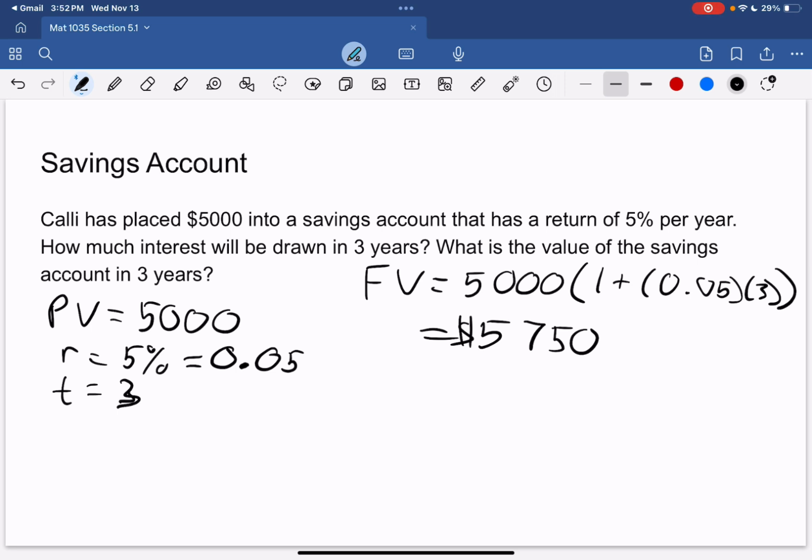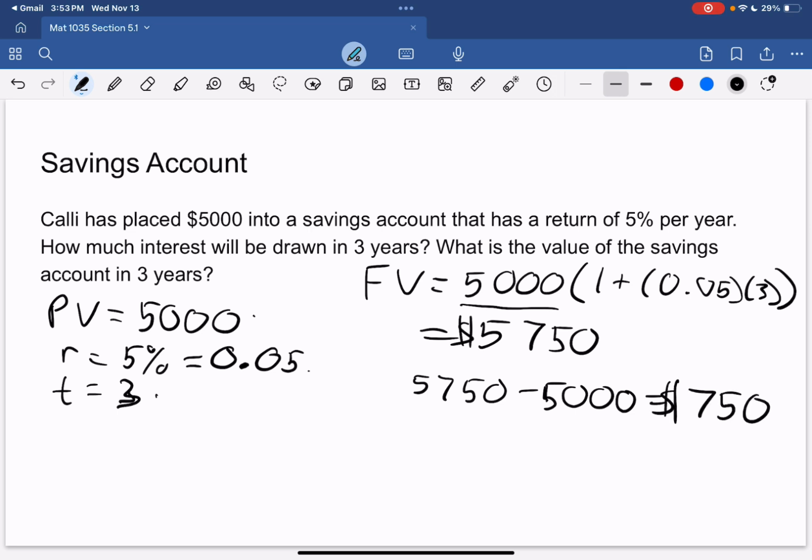Now, if I wanted to know the interest part, I could take my present value, multiply it by my rate and my time, or if I know that I put 5,000 in originally, I could just subtract 5,000 off, and say that's $750. That's how much interest was accrued over the time of the account. So the interest was $750, and that made the value of the account $5,750.